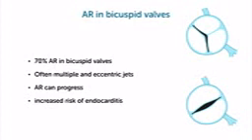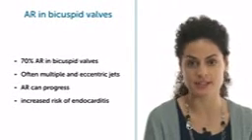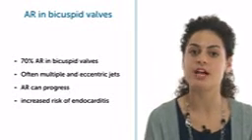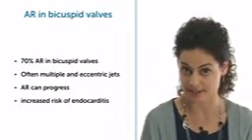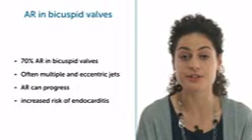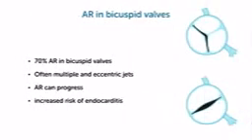Still, such forms of aortic regurgitation, as you will see later, can be quite significant. Yes, so AR can be present in bicuspid valves. Actually, 70% of AR is present in bicuspid valves, often multiple jets, and they are eccentric, as the one we showed you, can progress and increases the risk of endocarditis.